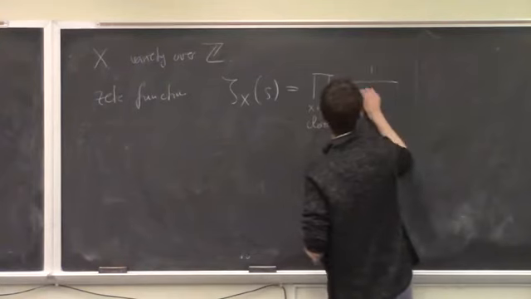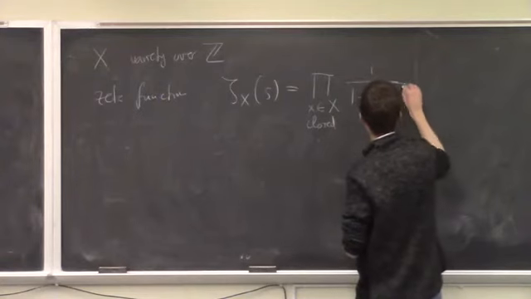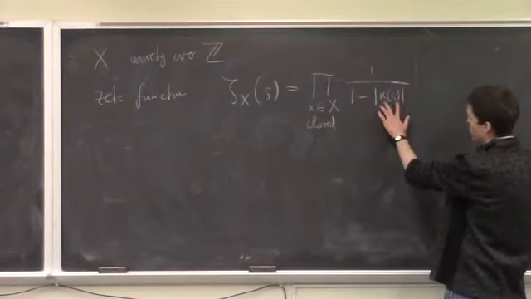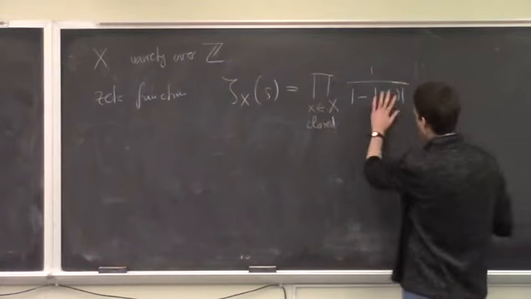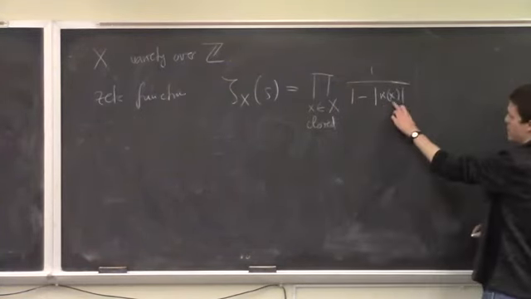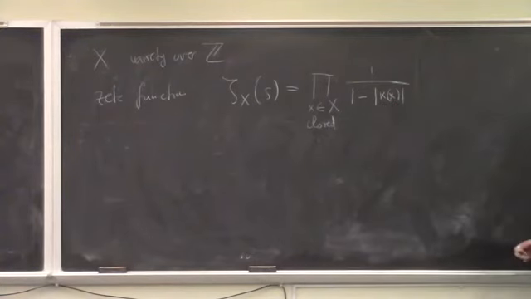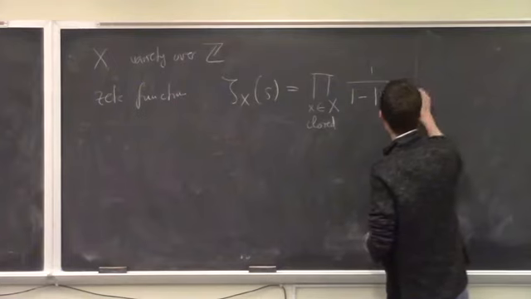Then take 1 over 1 minus the cardinality of the residue field at x, that is, the finite field where the solution is defined, to the minus s.